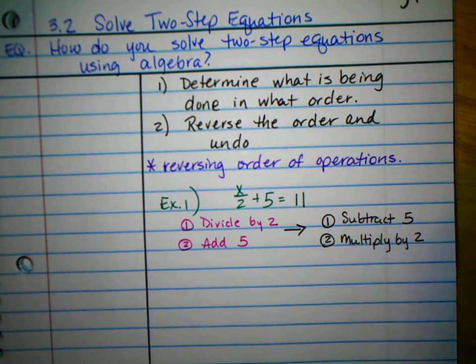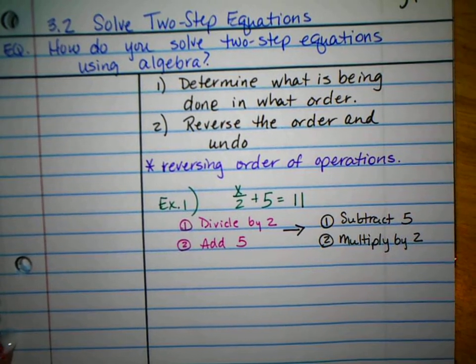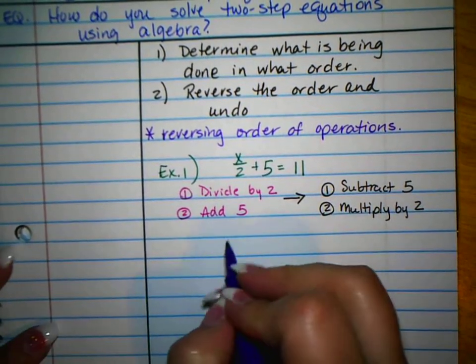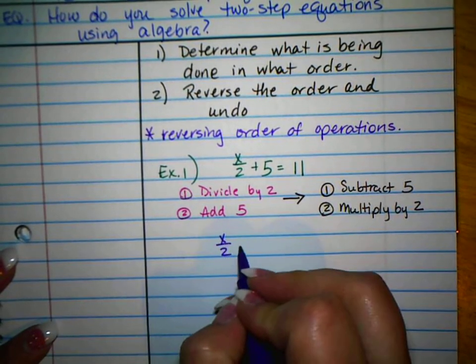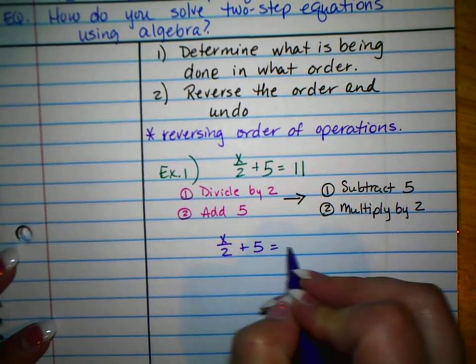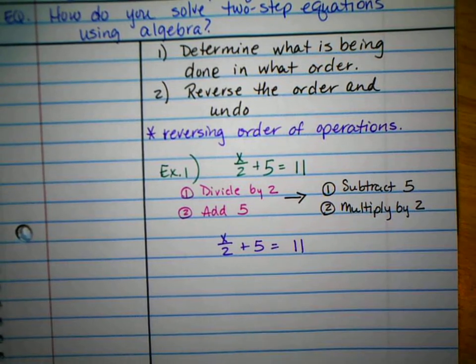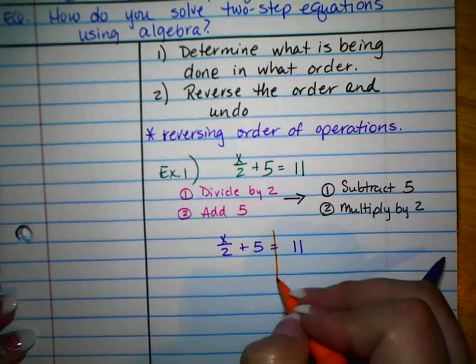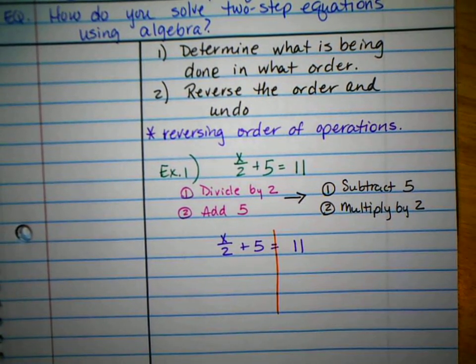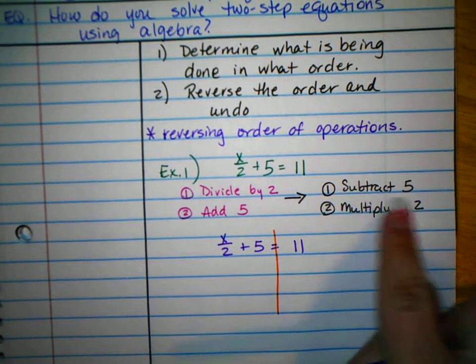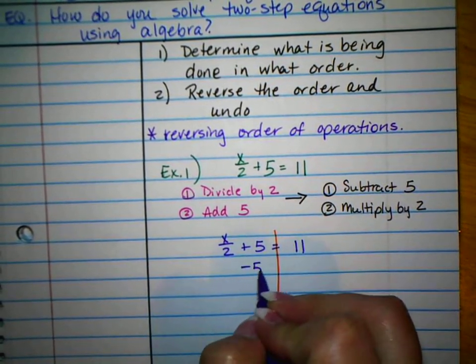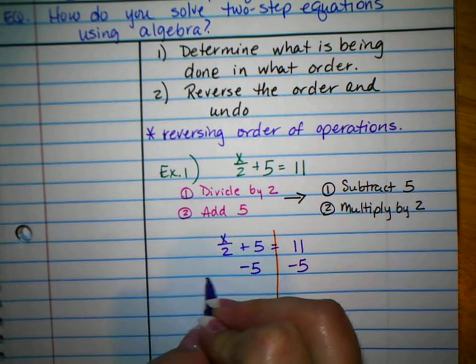So let's see if we follow that. If that is our plan, do I find out what x is? So x over 2 plus 5 equals 11. Of course, we have to build our wall again. And I need to subtract 5 first. Remember, you do that on both sides.